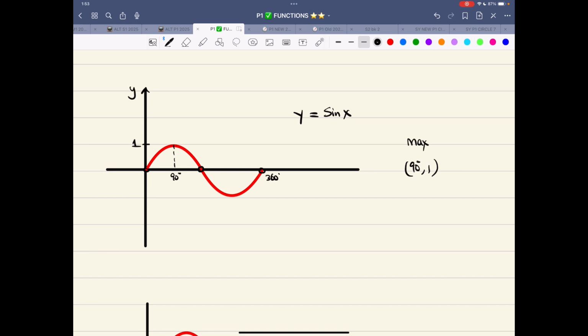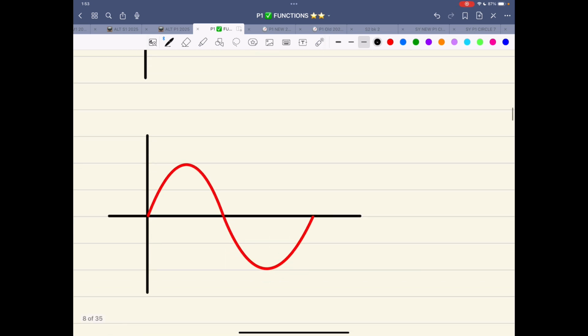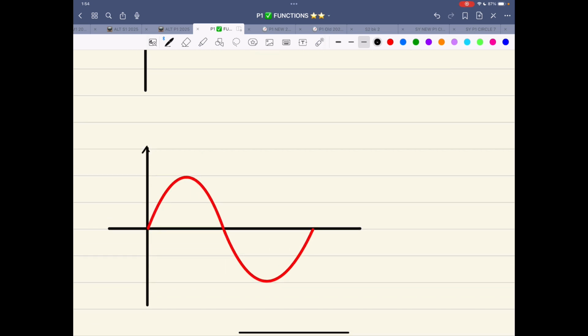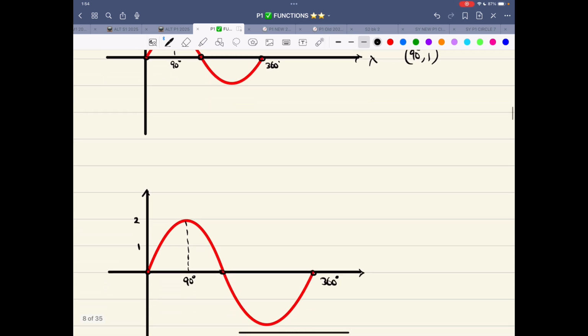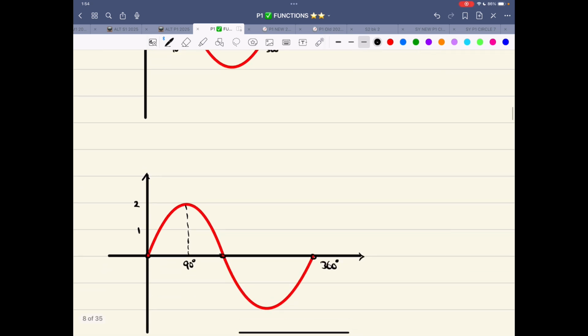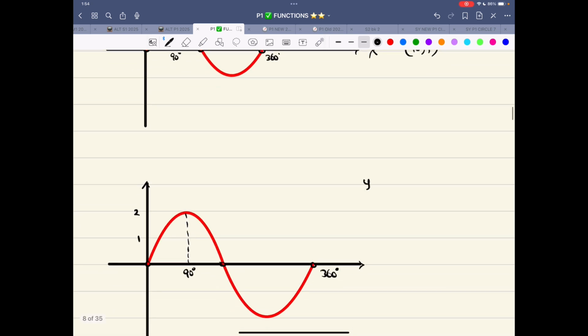This is y, this is x. Of course, you can label it. Now, which graph is this? This is 1, this is 2, this is still 90, and this is 180, this is 0, this is 360. The number of cycles remain the same. But now, if this is y equals sine x, this is y equals 2 sine x.